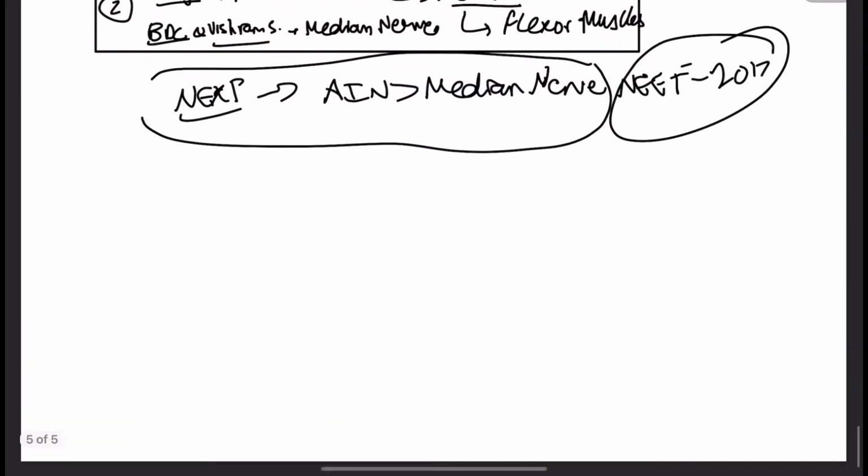Okay. So now I talked about the ulnar artery. I talked about the brachial artery. Now I will tell you about the palmar arches and then go on discussing the anastomosis around the elbow joint. Okay, so ulnar artery forms superficial palmar arch.